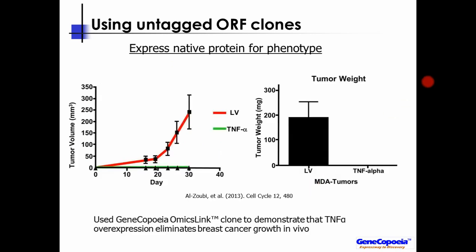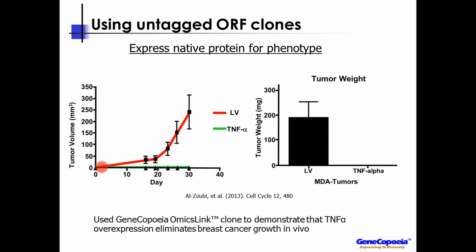GeneCopoeia prides itself on the fact that we're the only company with a genome-wide collection of untagged ORF clones, and these have been used by a number of different research groups. Here is one example of a paper published last year by Al-Zubi et al., where they used a GeneCopoeia omics-linked clone to demonstrate that TNF-alpha overexpression eliminates breast cancer growth in vivo.